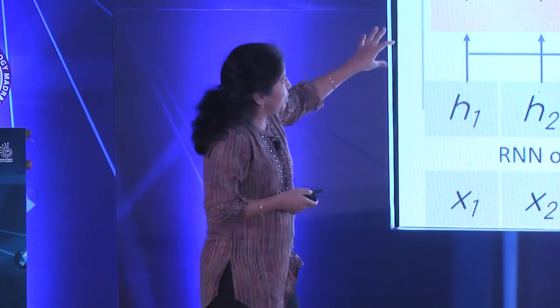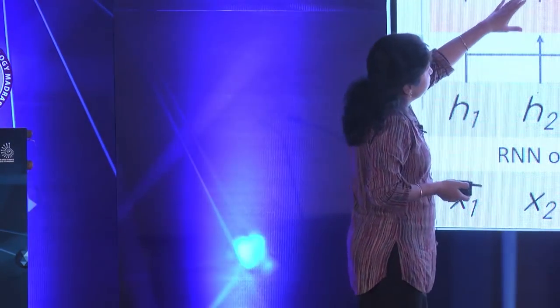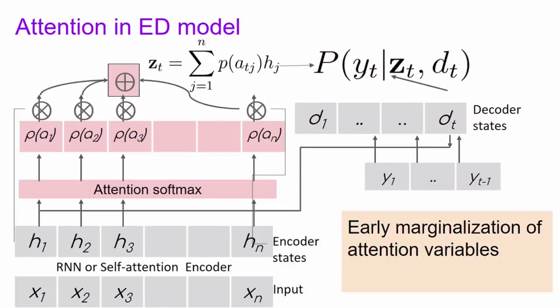But if you look at the way the attention probability is handled in current encoder-decoder models, you will find that the output yt is very distant from At. You never explicitly model the joint distribution between them. You compute the probability distribution over the attention, of course, without knowing yt. You only compute this based on the decoder state, which has only seen y1 through yt minus 1.